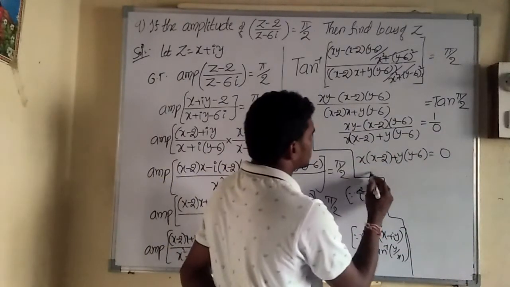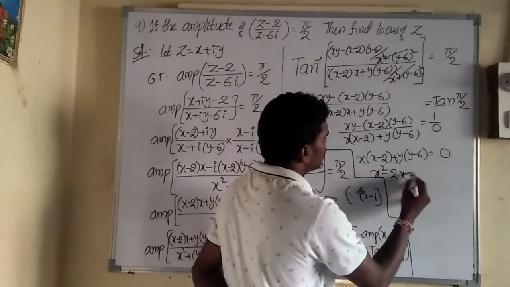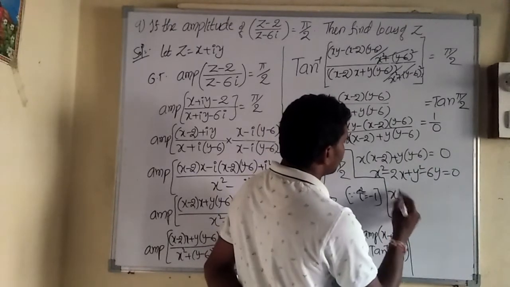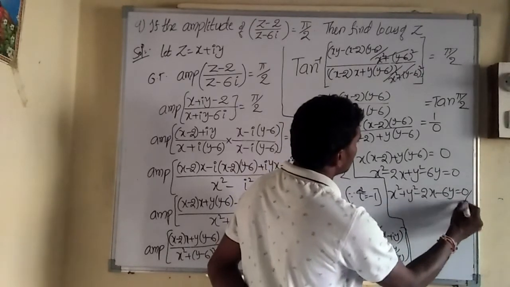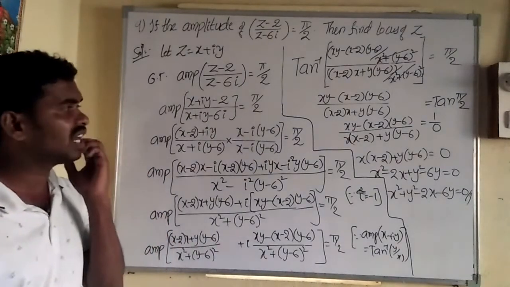Then x into x square, x into minus 2 is minus 2x, then plus y into y square, y into minus 6 is minus 6y, equal to 0. So therefore x square plus y square minus 2x minus 6y equal to 0 is the locus of z. Is it clear? I think you understand very clearly.